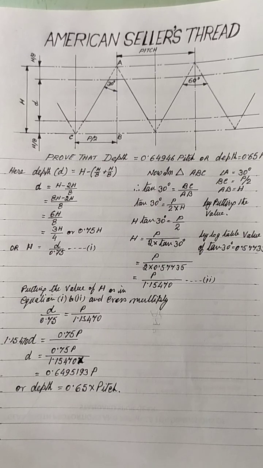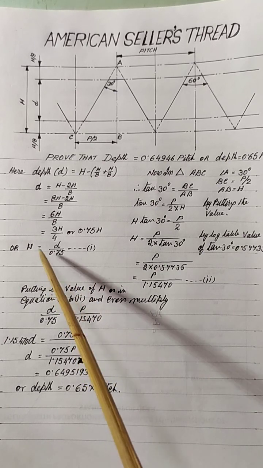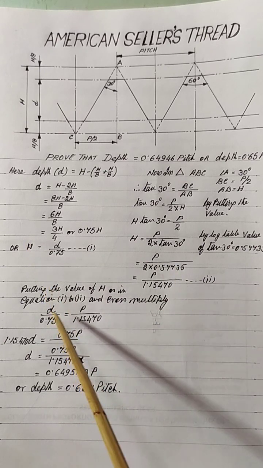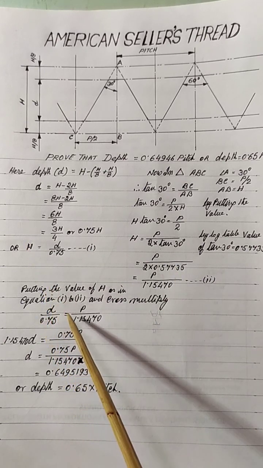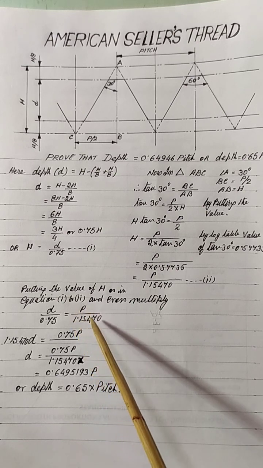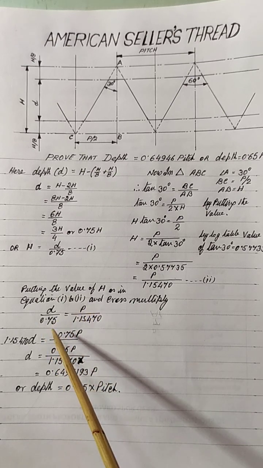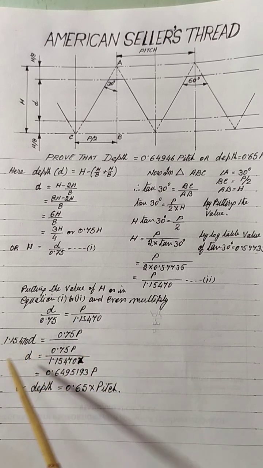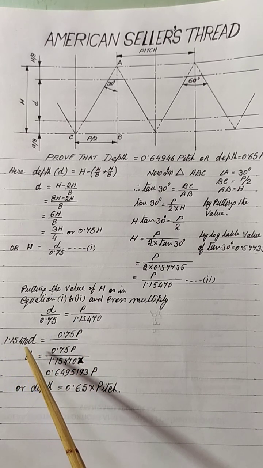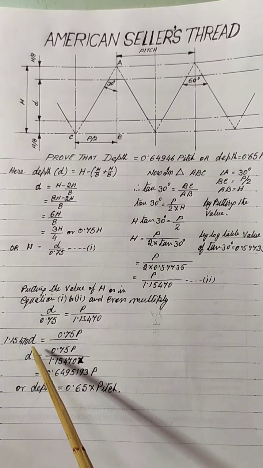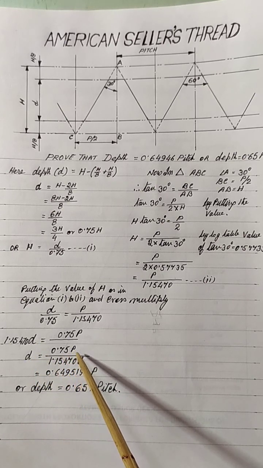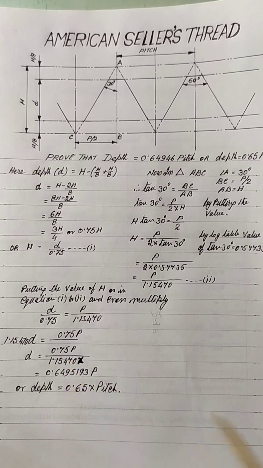So if we set this value of H on both sides, D by 0.75 is equal to P by 1.1547. Solving this formula, 1.1547 D is equal to 0.75 P, D is equal to 0.75 P by 1.1547.